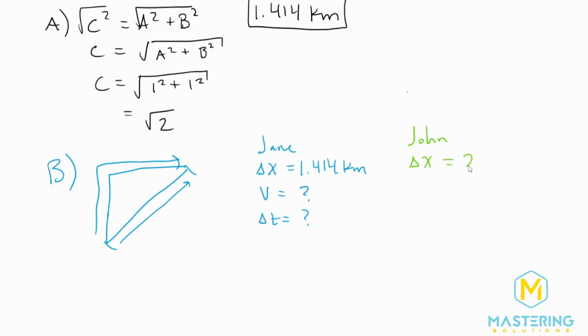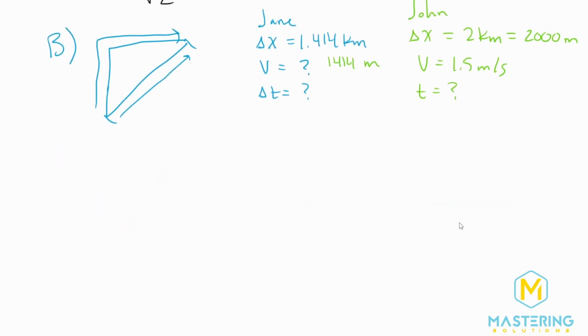So his total distance was 2 kilometers. And let's put these into meters. So that is, of course, 2,000 meters. And this is 1,414 meters. Now his velocity, they told us, is 1.5 meters per second, as we wrote above, and we don't know what his time is.